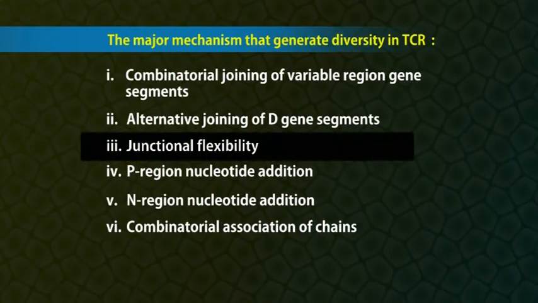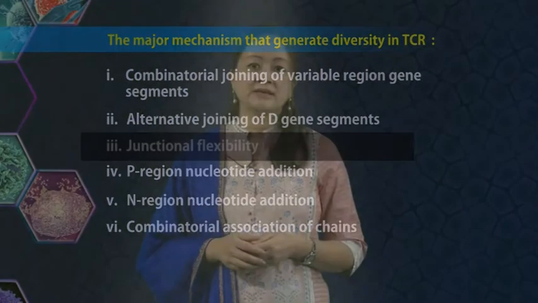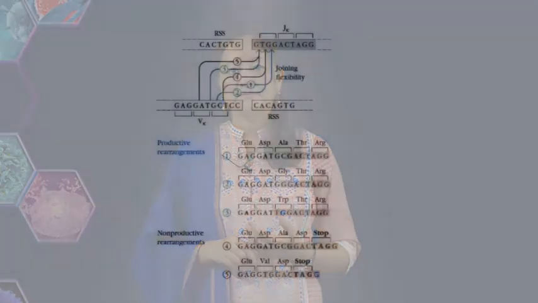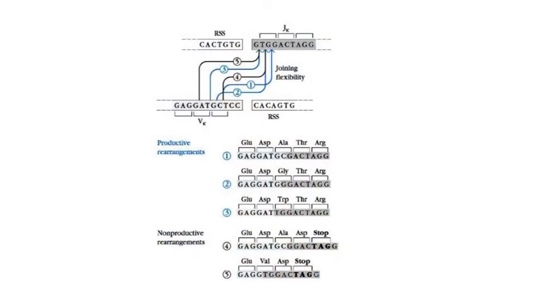Junctional flexibility. Gene segments in TCR are joined by recombination. Recombination involves both the joining of recombination signal sequences to form a signal join and the joining of coding sequences to form a coding join. Although the signal sequences are always joined precisely, joining of the coding sequence is often imprecise.